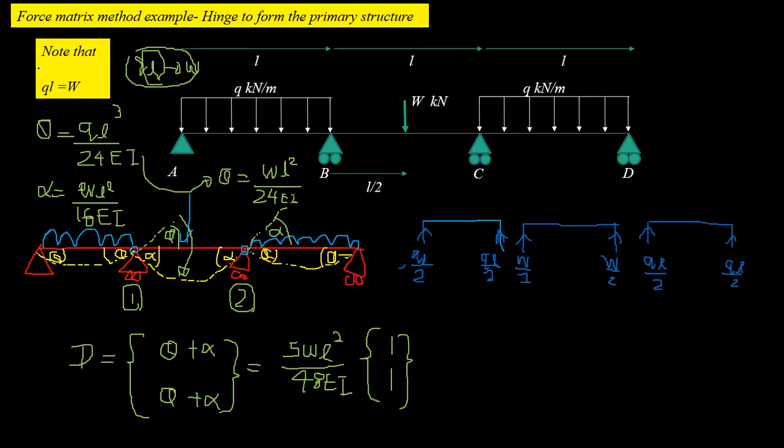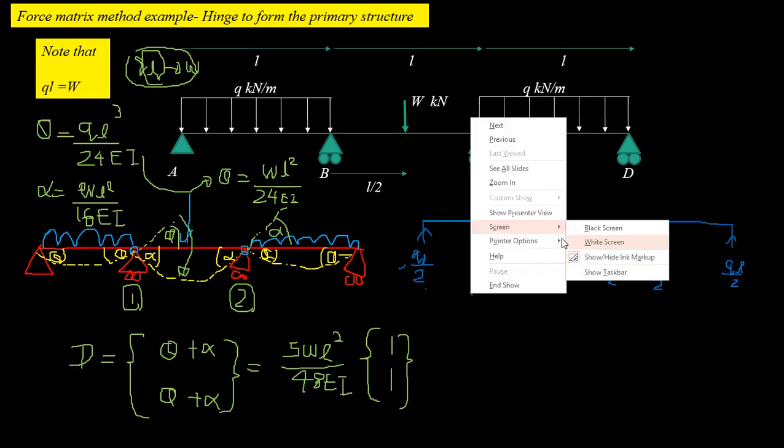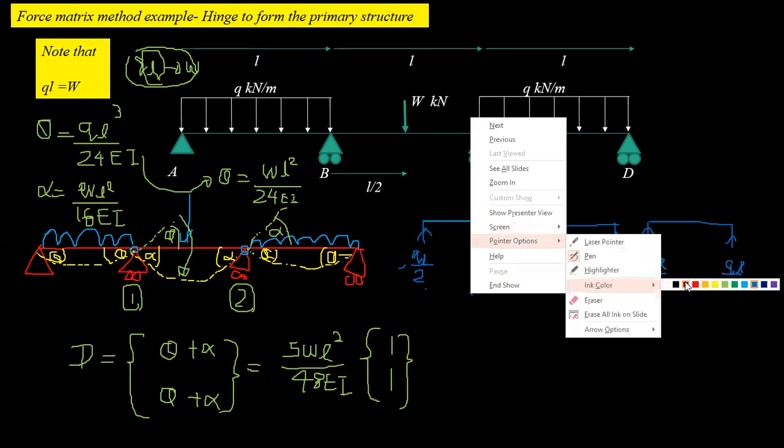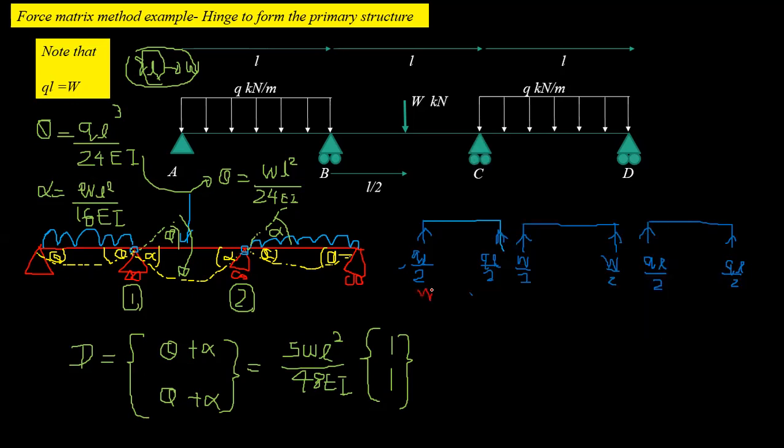So QL is W, right? So you can write this as again W over 2. So this is W over 2, right? This is W over 2. This whole thing is going to be W, right? This W over 2.